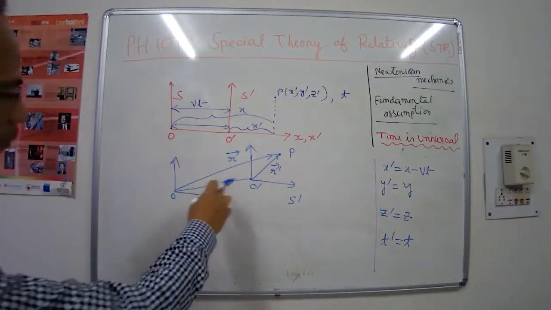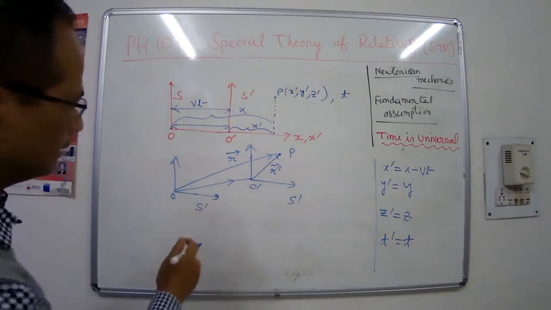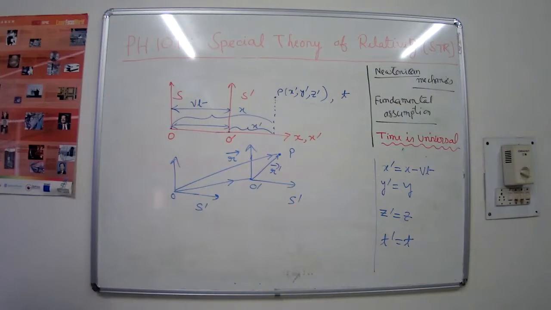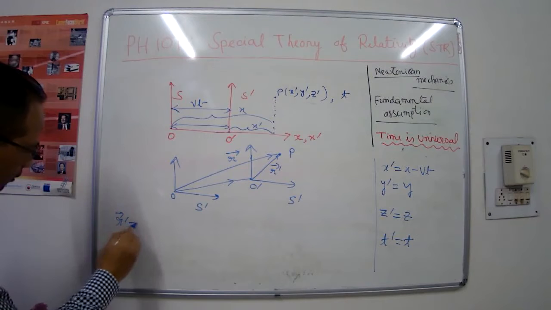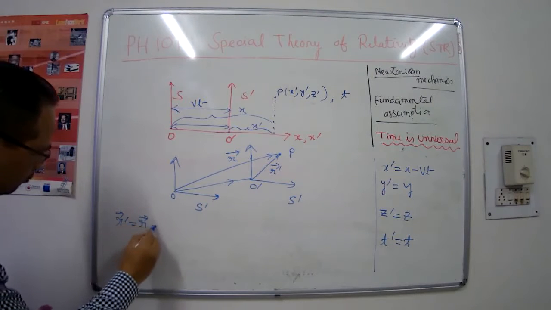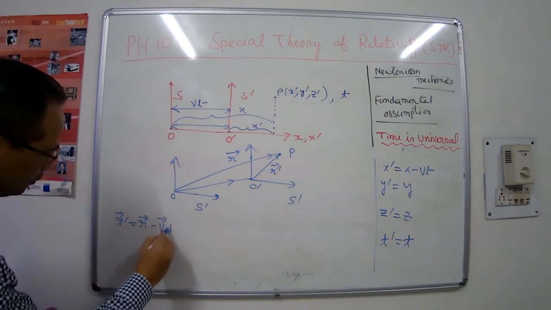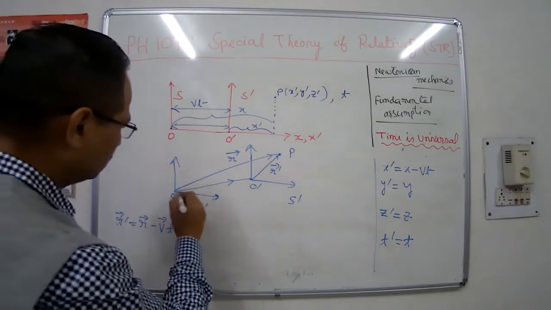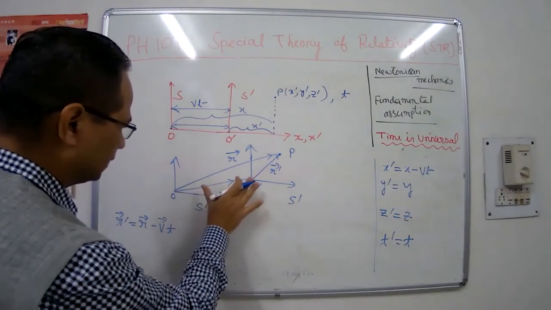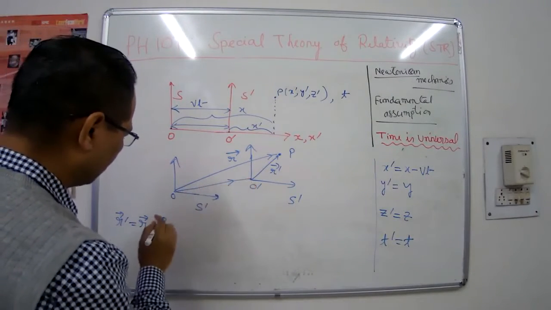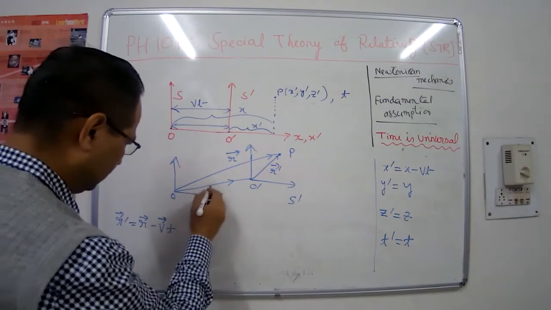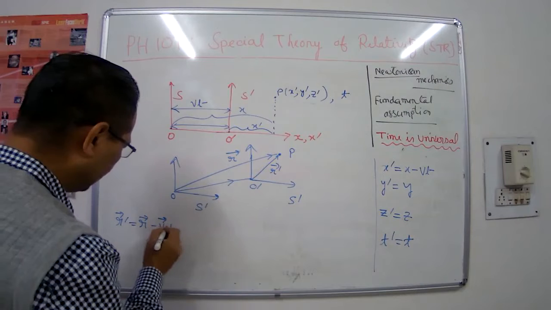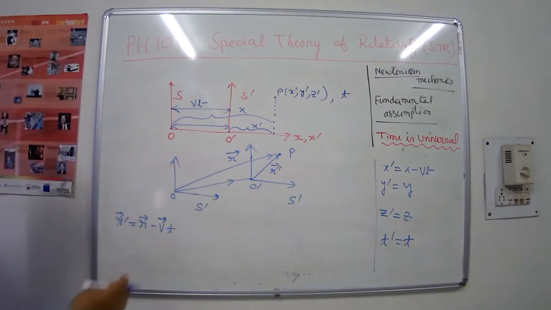And you know from here that you can define R prime vector equal to R vector minus V into T. So this distance is equal to Vt if I give the direction of the velocity. If I incorporate the direction of the velocity, then Vt will be another vector.